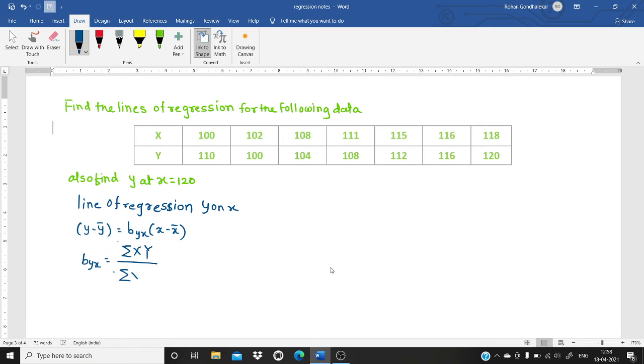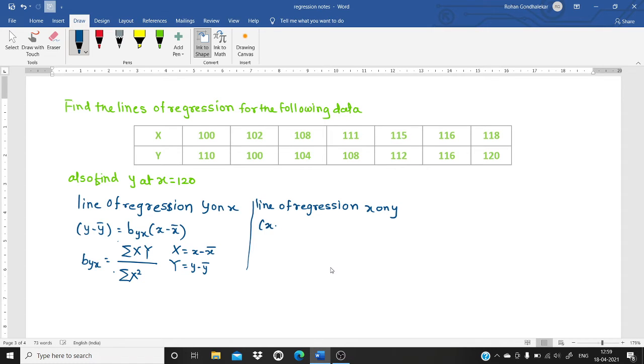So for byx we use summation x square, where capital X is equal to x minus x bar and capital Y is equal to y minus y bar. Before I proceed, I must mention the line of regression x on y.